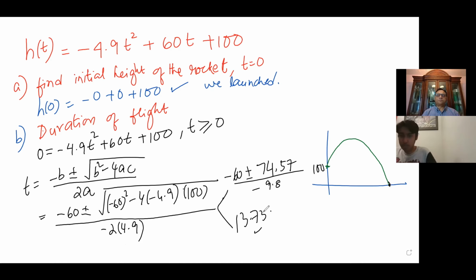So 74.57. If I divide by 10, so basically 7 plus 6, 13. Yeah, that's okay. 13.7 is a good value, 13.7 seconds.